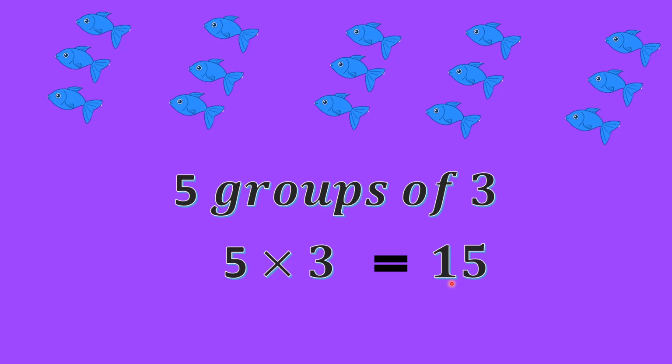We have 15. So the multiplication sentence is 5 times 3 is equal to 15. Or we can start with the number of elements in each group, which is 3 times the number of groups equals the same, 15. You understand?